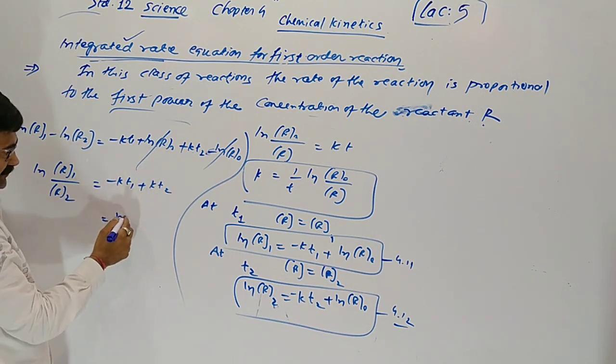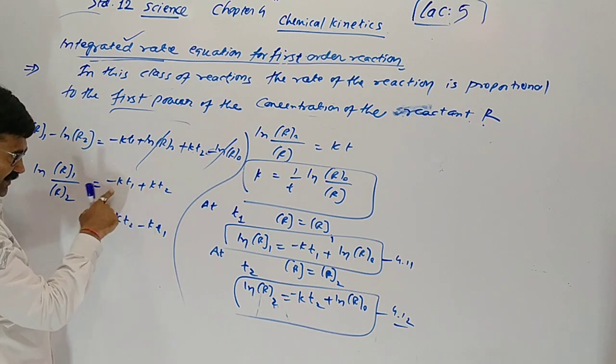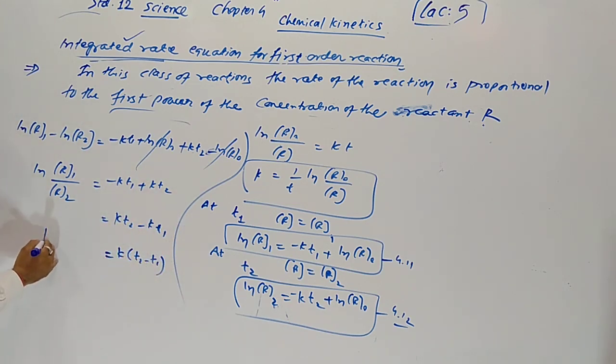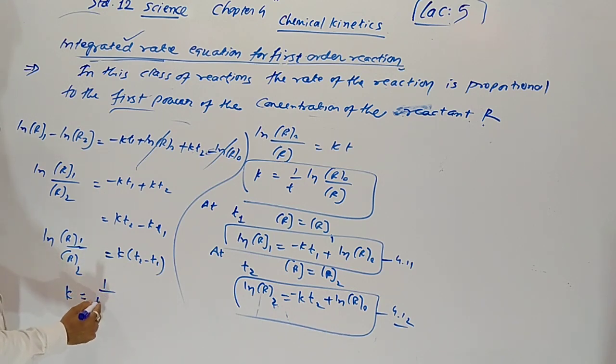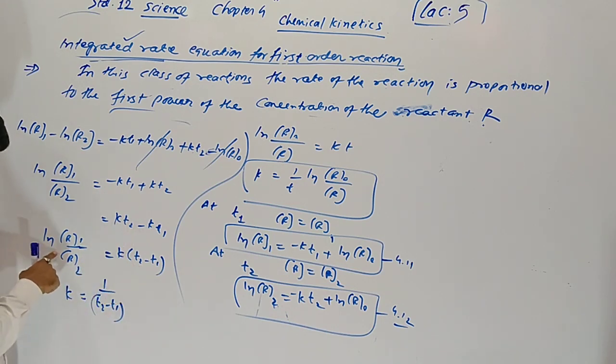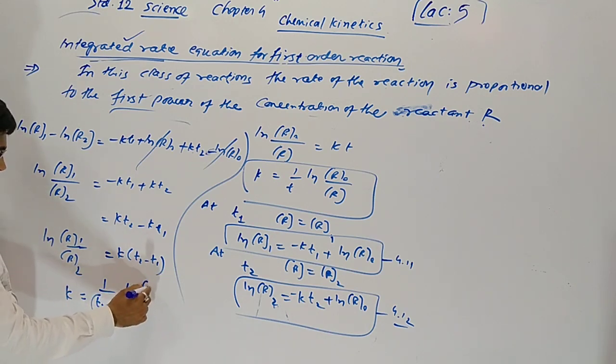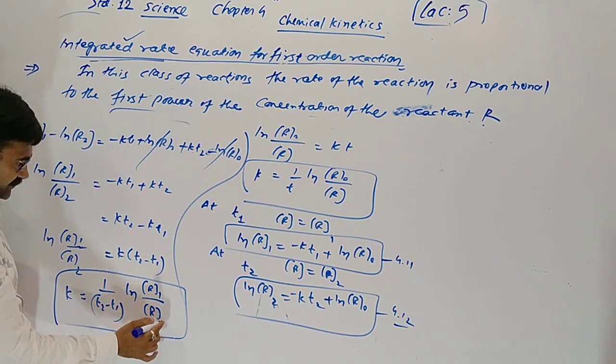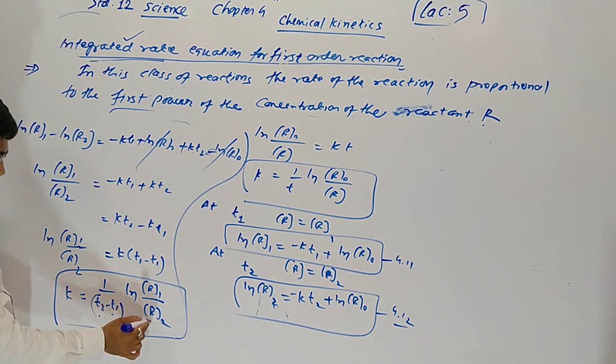So k is common: T2 minus T1. So k is equal to 1 upon T2 minus T1 ln R1 upon R2. At T1 and T2 time, if R1 and R2 are known, then we can derive k. This is an important equation for us.